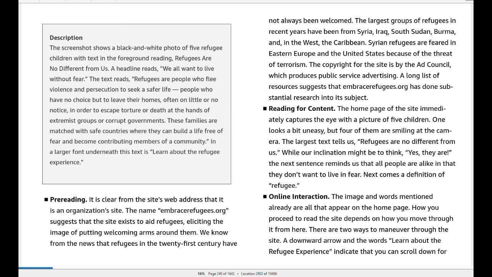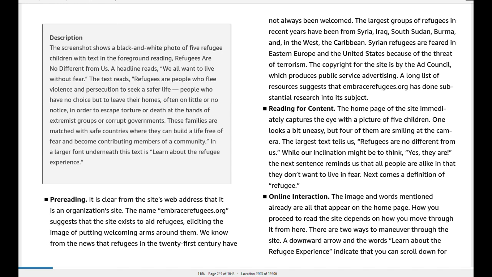People who have no choice but to leave their homes, often on little or no notice, in order to escape torture or death at the hands of extremist groups or corrupt governments. These families are matched with safe countries where they can build a life free of fear and become contributing members of a community." In a larger font underneath this text is "Learn about the refugee experience."